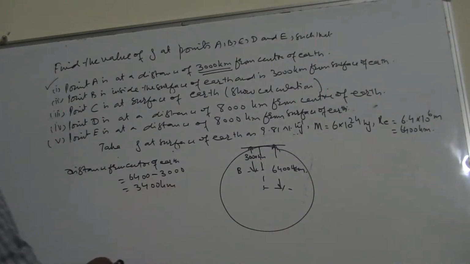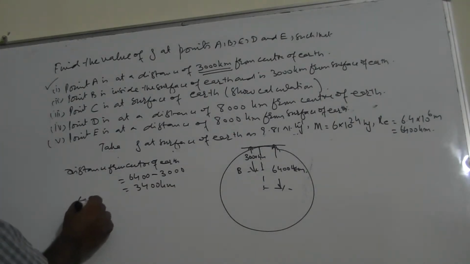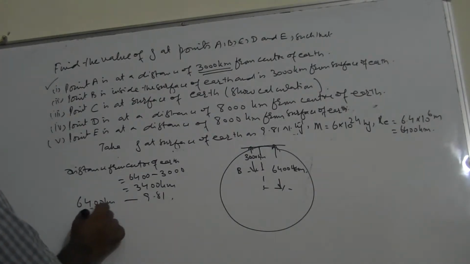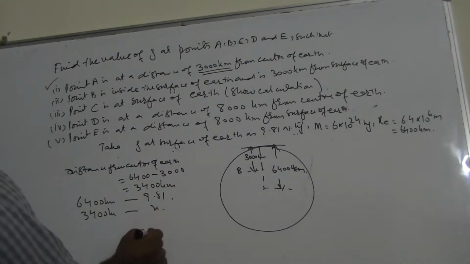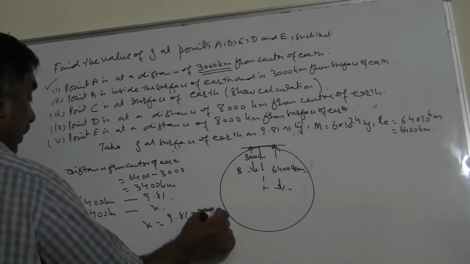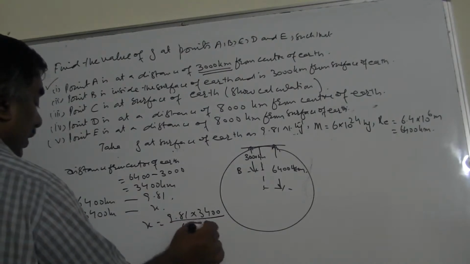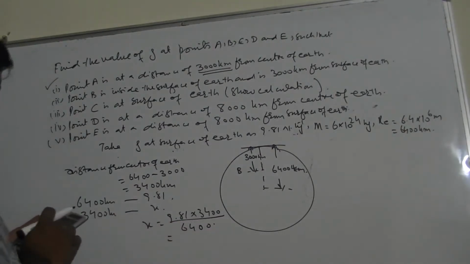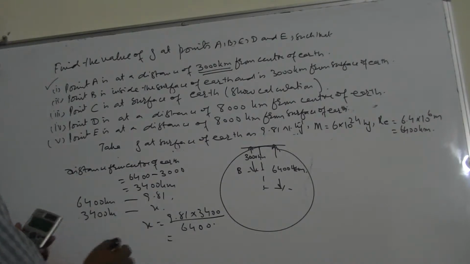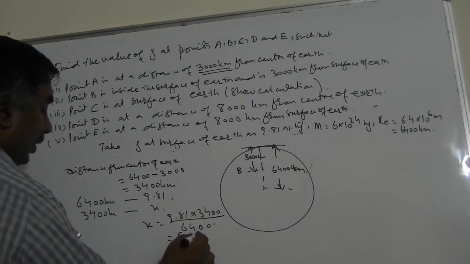Now I will use the ratio method. I will say at 6,400 kilometer the value is 9.81, and at 3,400 kilometer the value will be x. So x will be 9.81 into 3,400 divided by 6,400, and whatever the value comes out to be is the value of g at point B. I get a value of 5.21 newtons per kg.